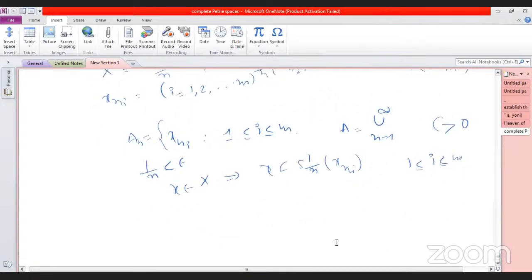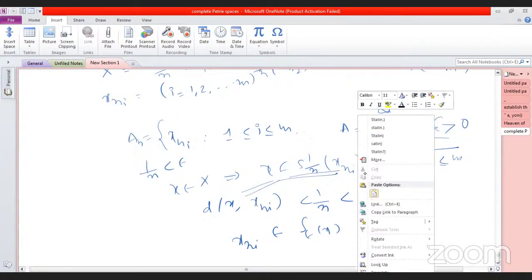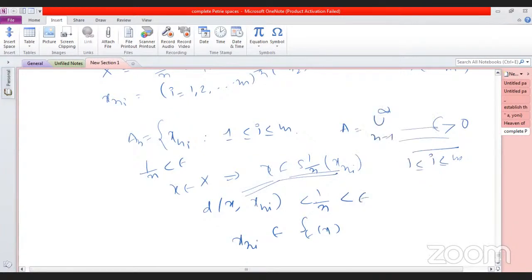So therefore xni belongs to A, and A is a countable set. X belongs to S, we can write x belongs to S 1 by n of xi. If the condition 1 less than or equal to i less than or equal to m holds, then d of x minus xn is less than or equal to 1 by n, meaning it is less than that. So therefore xn belongs to S for these i values.